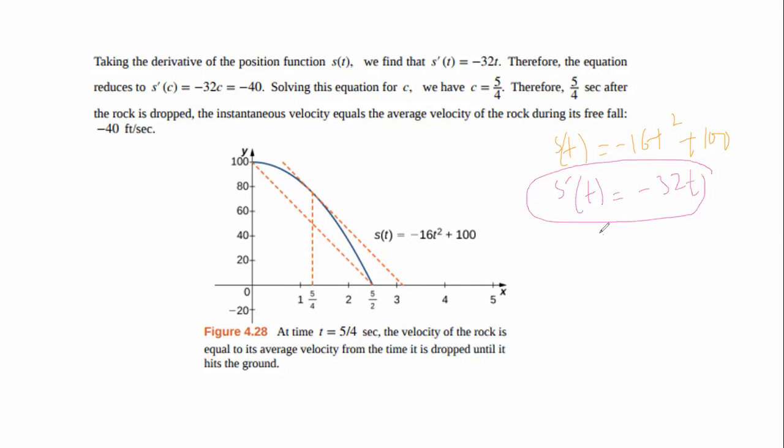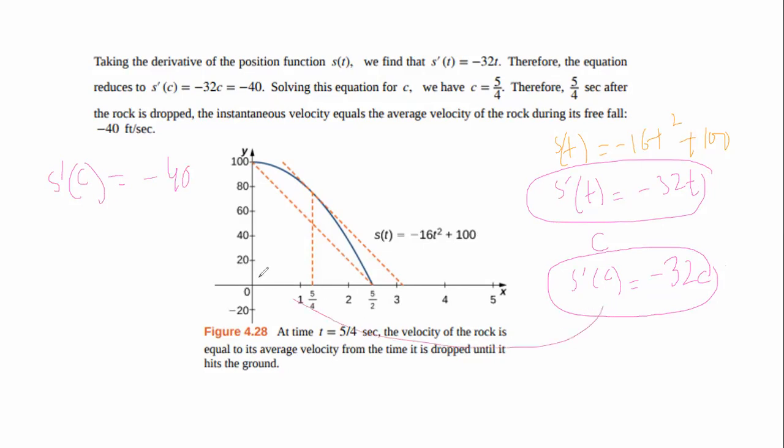Okay. So for c, s derivative of c will be equal to negative 32c. Okay. So I have to compare both the values. s derivative of c is negative 32c, and s derivative of c by using the mean value theorem I found is negative 40.